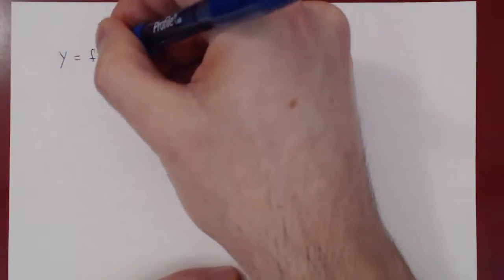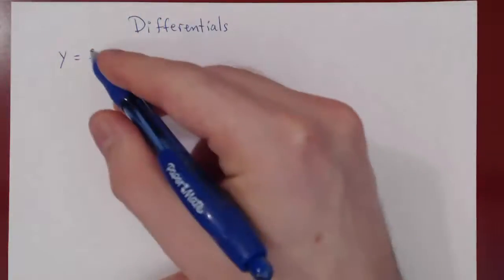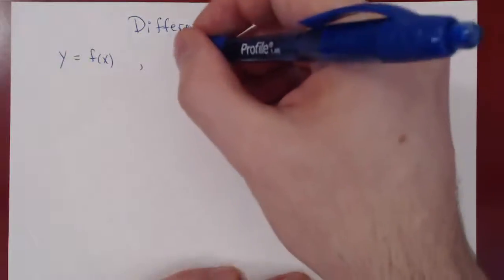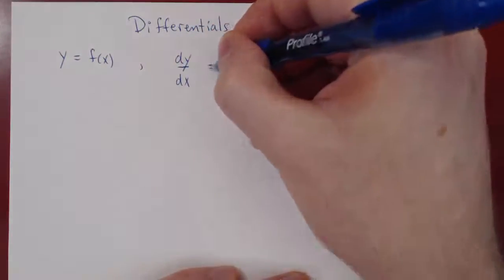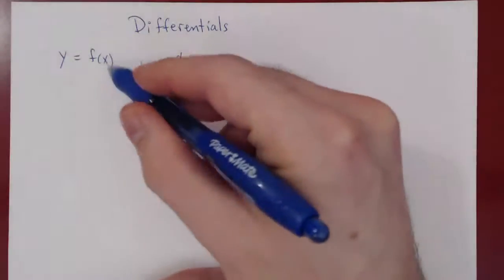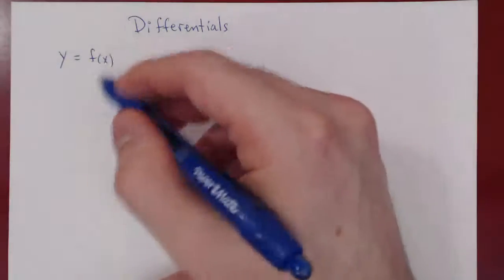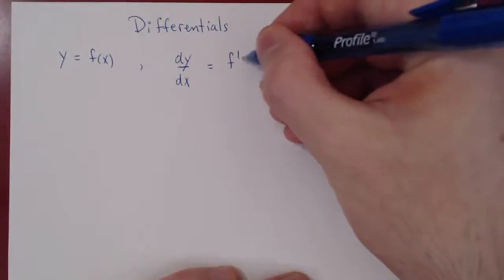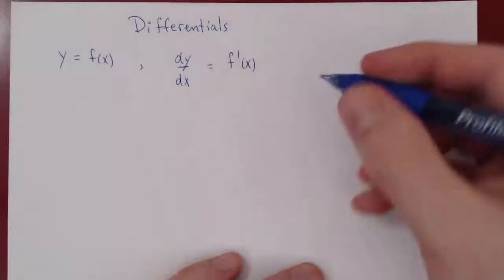Suppose we have a function of x, so y equals f of x. We can find the derivative of y with respect to x because y is a function of x. So dy over dx is just the derivative of the function with respect to x. So this is f prime of x. And all the differential is the dy.